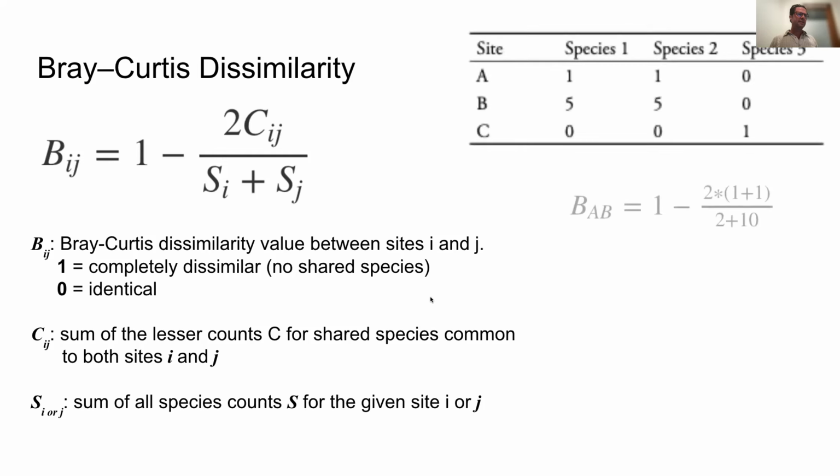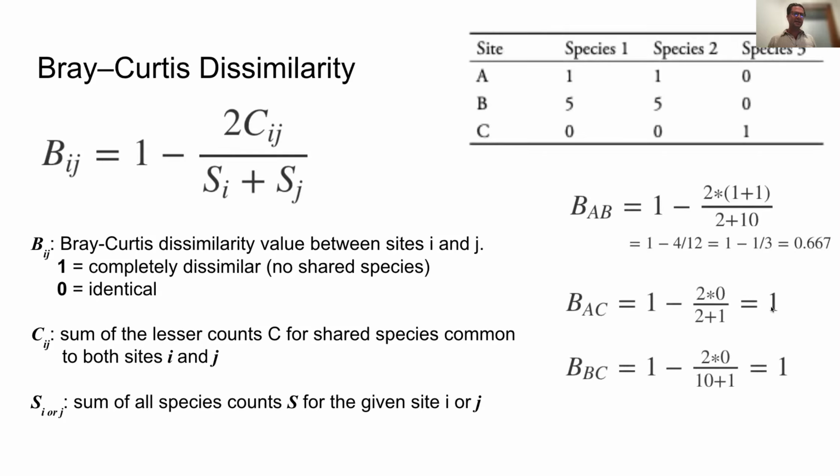Okay, so if we look at that again, we can then do this across each of the sites. C to A or B is just 1, completely dissimilar, they don't even share any species. Now A and B are similar, so we take the lesser, so 1 versus 5, and here 1 versus 5, so 1 plus 1, that's this C term, the sum of lesser counts.